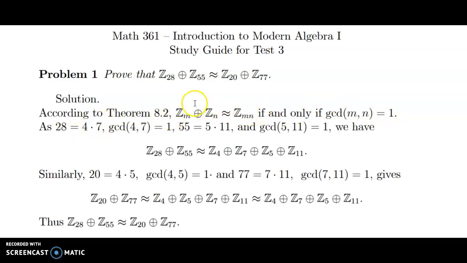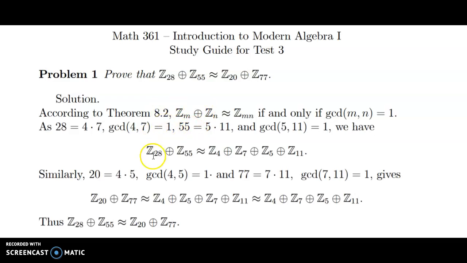In order to use this theorem, we split 28 as a product of two relatively prime numbers. This is actually the prime power factorization of 28: 2 squared times 7. So 4 and 7 are relatively prime, and we can apply the theorem.